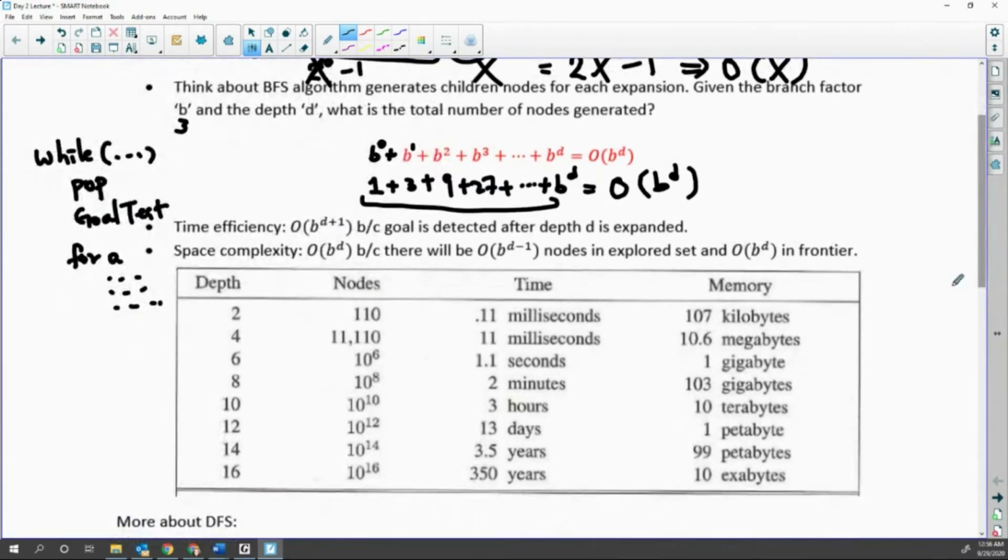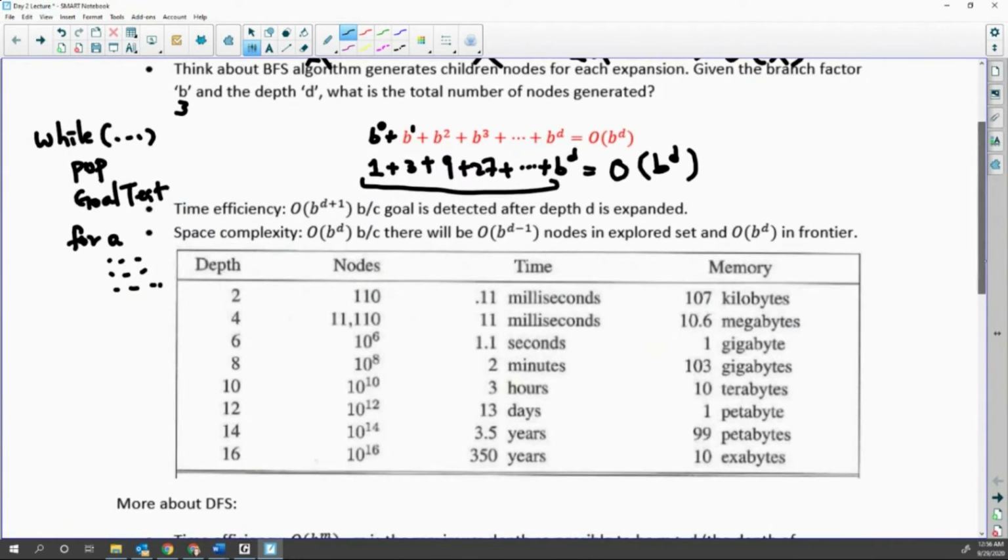Then space complexity: if you have b to the d's. But in the explored set, you are going to have one less depth, because you add to explored not here. You may add it here.